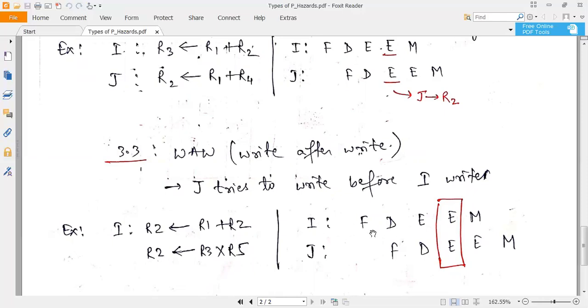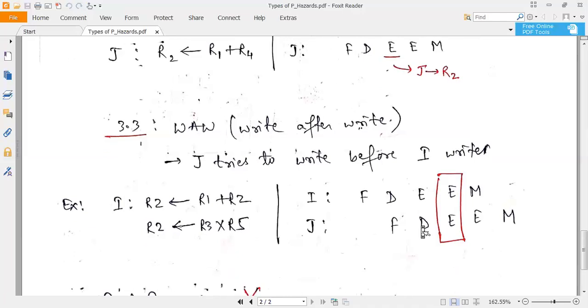Again I have written FDEM, FDEM, and I have taken 2 clock cycles for execution. At this part, both are executing. But according to the desired logic, first I will write and then J will write. Here both are executing, so this is not possible. This will create a hazard, or a wrong result.